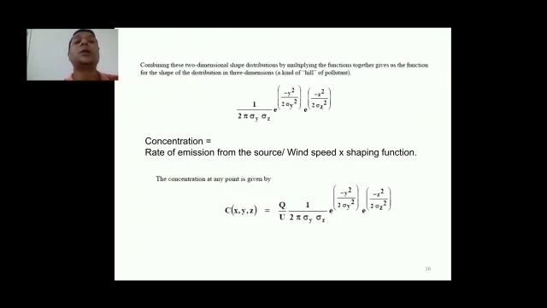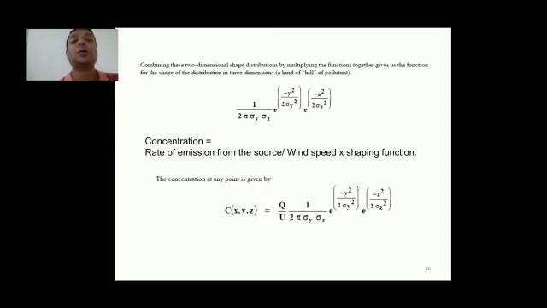Combining these two one-dimensional shape distributions by multiplying the functions together gives us the function for the shape of the distribution in 3 dimensions, like 1 divided by 2 pi sigma y into sigma z into e power minus y square divided by 2 sigma y square into e power minus z square divided by 2 sigma z square.